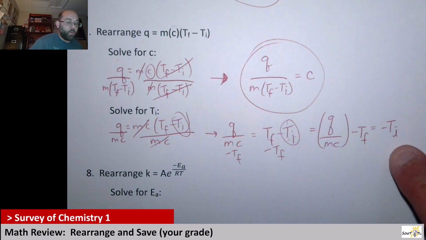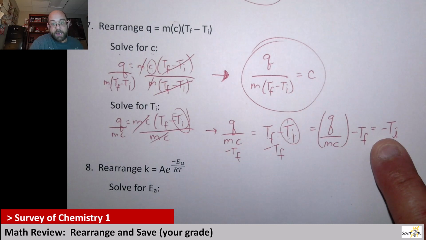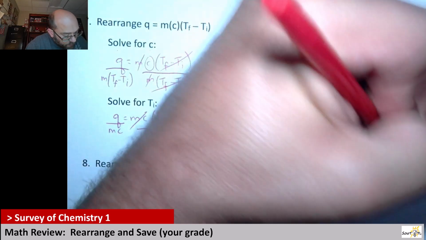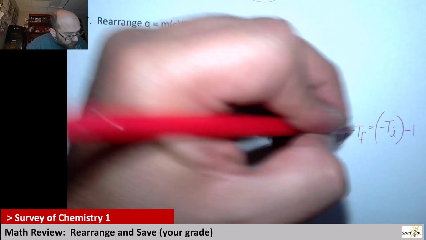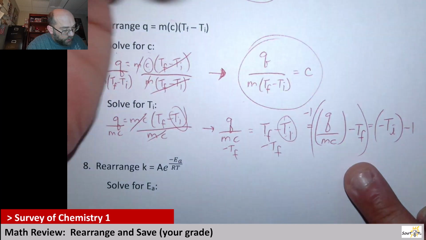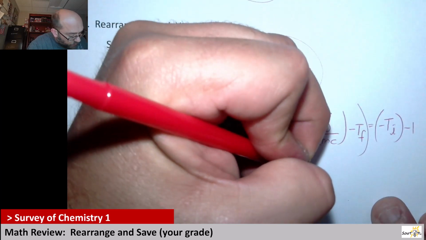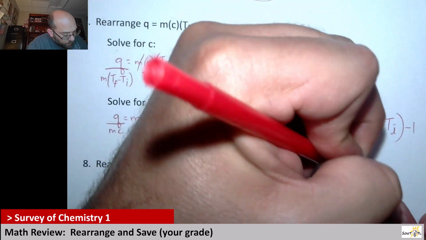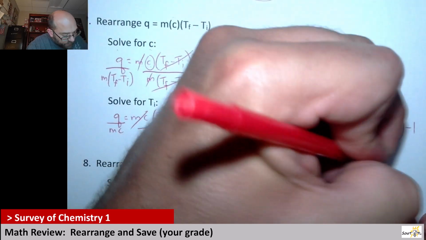Now, this is a negative TI. So I can just multiply both sides by negative 1, so this entire side by negative 1, and then what does this turn into? It turns into negative Q over MC plus TF is equal to TI.